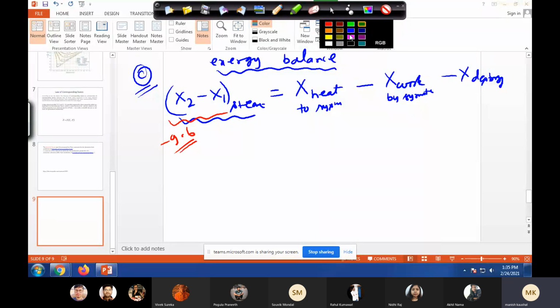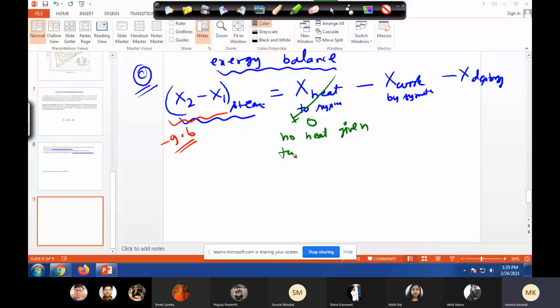Don't think about what is getting rejected. You are only worried about how much exergy is coming to the system. Since we are not supplying any heat to this trapped gas, there is no X heat given to the system. So this is 0. No heat given to system.